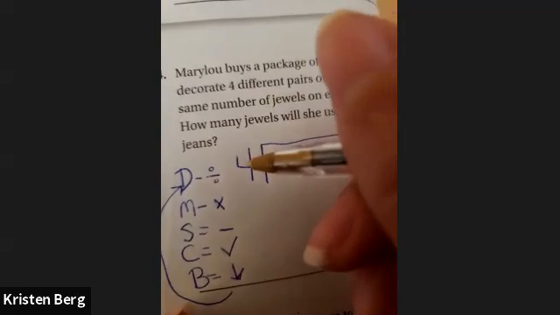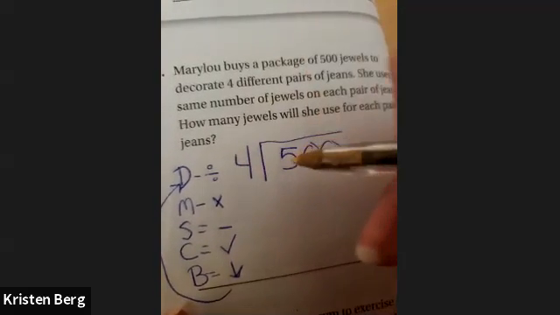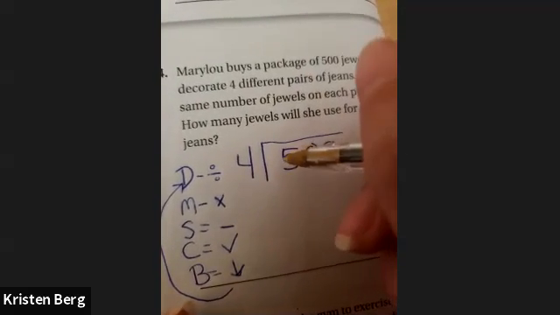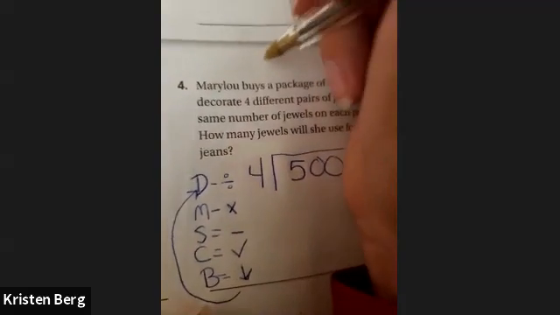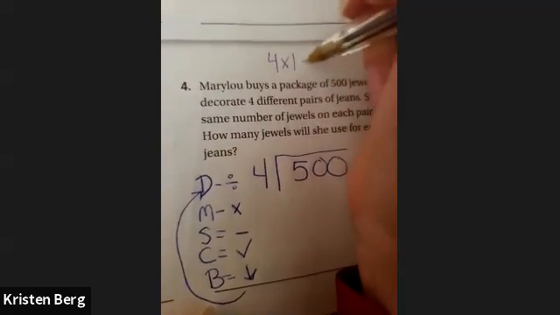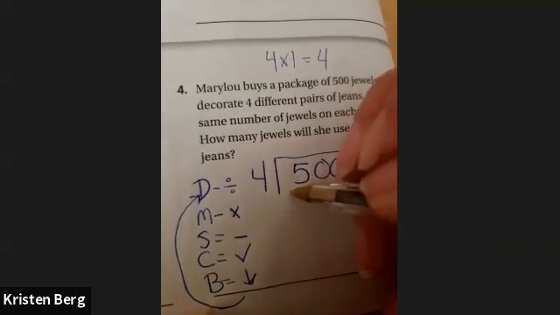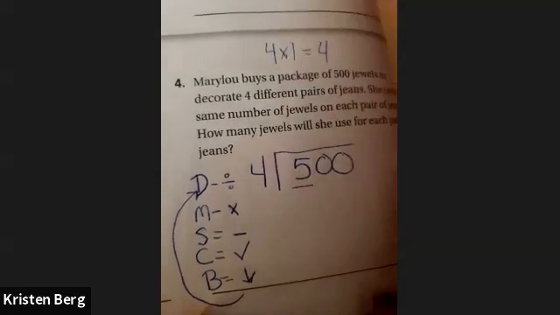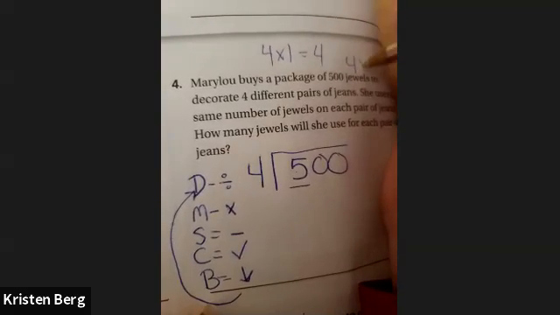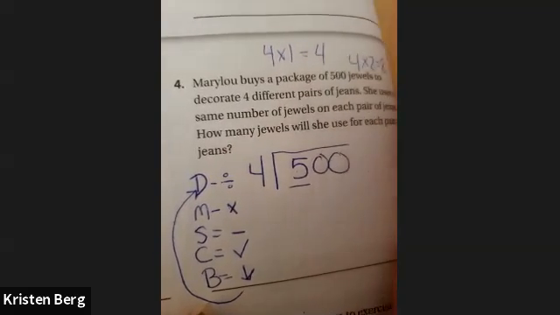So can a 4 go into 5? Counting by 4s, 4 times 1 is 4. Is that still lower than 5? You should be saying yes. Now, if I did 4 times 2, that would be 8.